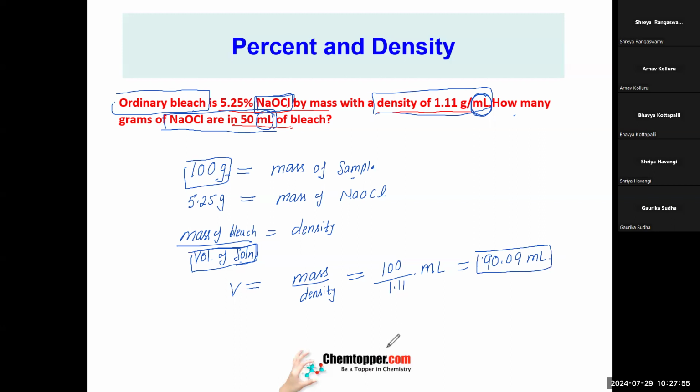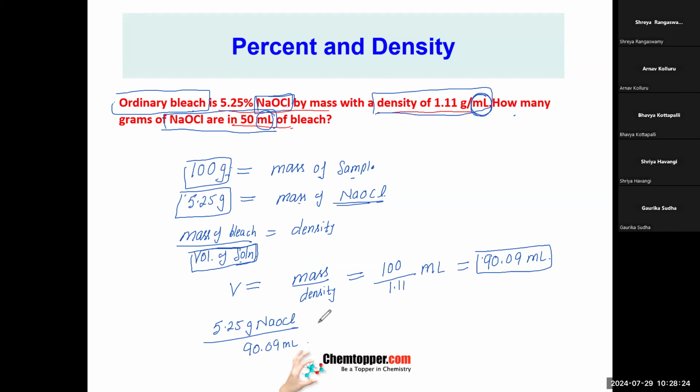right? But in 100 grams of bleach, how many grams of NaOCl are there? 5.25 gram. So can I say that 5.25 grams of NaOCl are present in 90.09 ml? Can I say that, children?